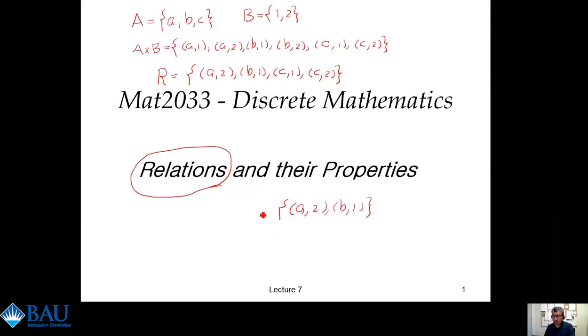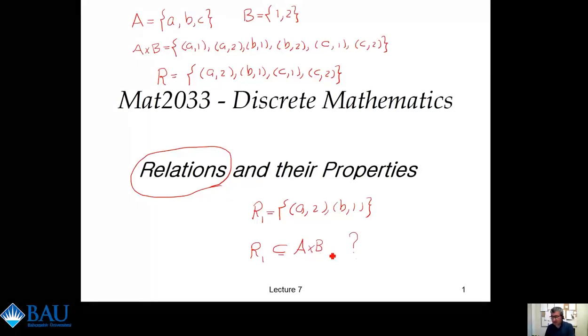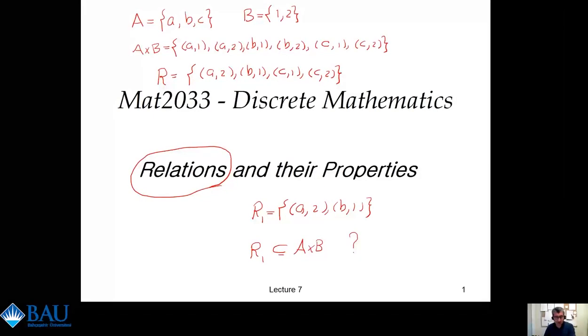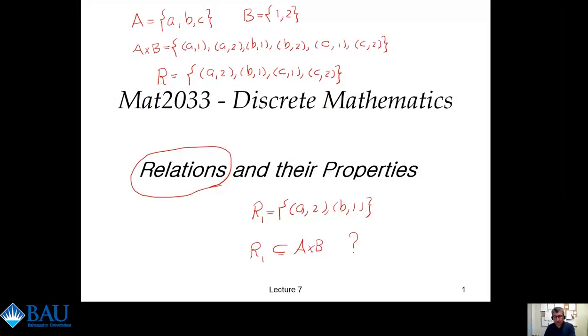Let me call it R1. So is R1 a relation or not? To answer, you have to check: is R1 a subset of A cross B? If the answer is yes, therefore R1 is a relation. If the answer is no, R1 is not a relation. That's much easier. Is that clear?